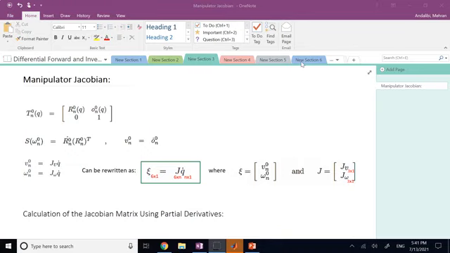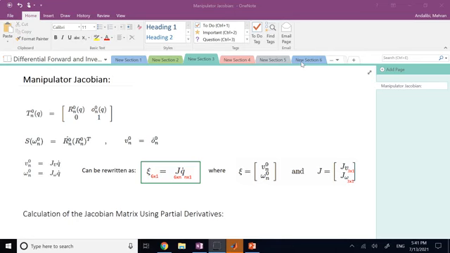And then if we have these 6 values for the end effector, and you look at the time derivative of these 6 values, the derivatives of x, y, and z will form the linear velocity of the end effector.